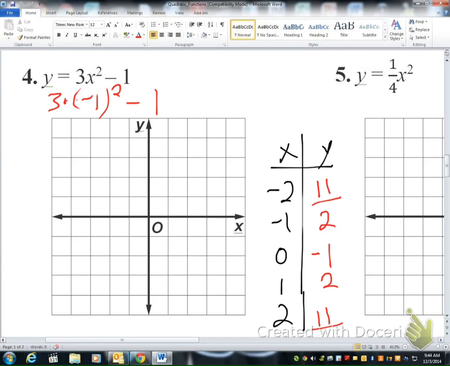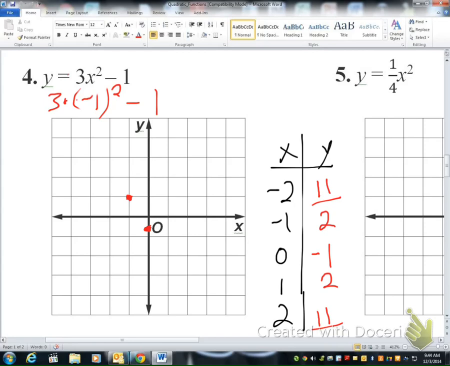Okay, so that's up to you. It's your option. Just make sure if it's on a quiz or a test that you label what you're counting by. So if I do that, then 0, -1, I'm going to go down half of 1 because I counted by 2s. So that puts it right there. And then -1, 2, I'm going to go to the left 1 and up just 1. Because remember, going up 1 is counting for 2 on y.